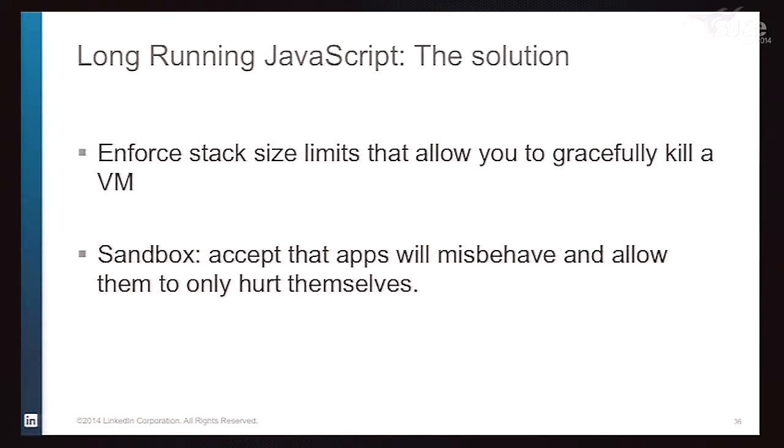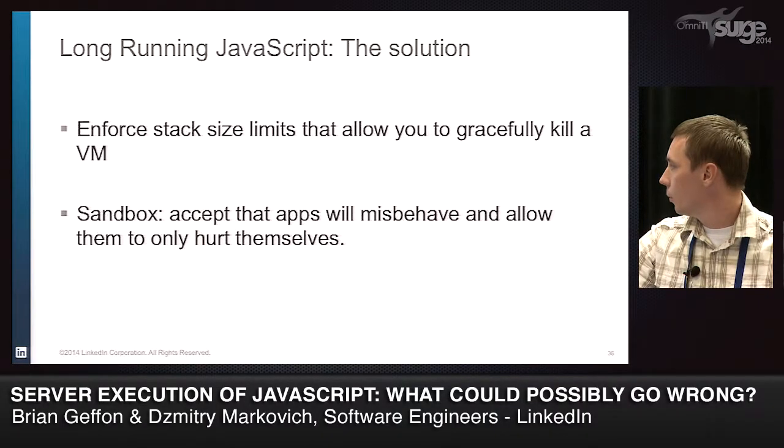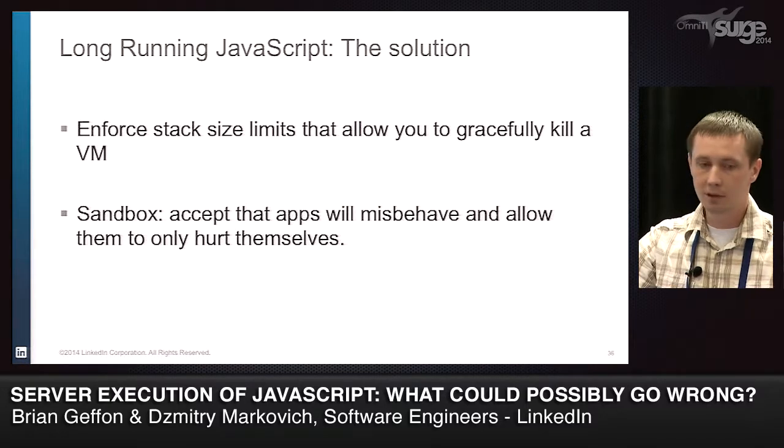But speaking of that, there is nothing we can't solve. We introduced a limit for our engineers: we are not going to take any JavaScript into our engine that runs more than 1 second.